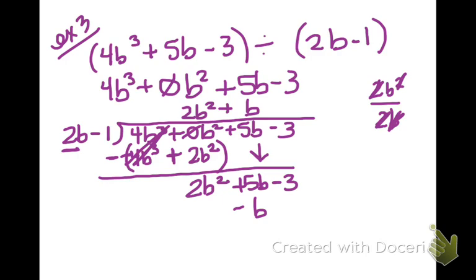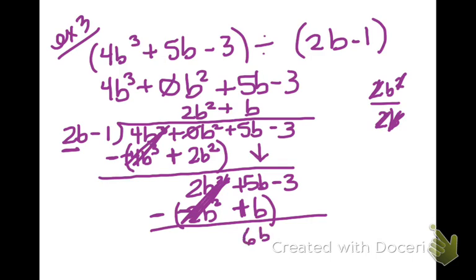B times the 2b becomes a positive 2b squared. But remember, I'm subtracting this whole thing, so that changes this sign and it changes this sign. And then 2b squared minus 2b squared cancels out. 5b plus b is equal to 6b. Bring down the negative 3.